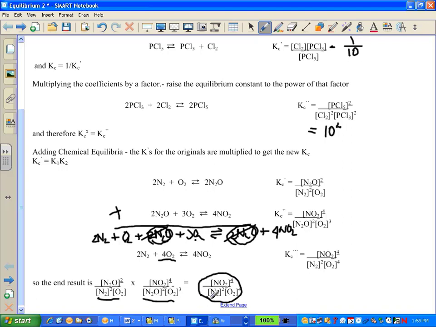And if you look at that expression, it is the Kc value for this third reaction that we created: NO2 to the 4 over N2 squared times O2 to the 4. Now at the moment, this seems like a mathematical process, but what we're going to do next is do some examples so you can see how this might be useful.